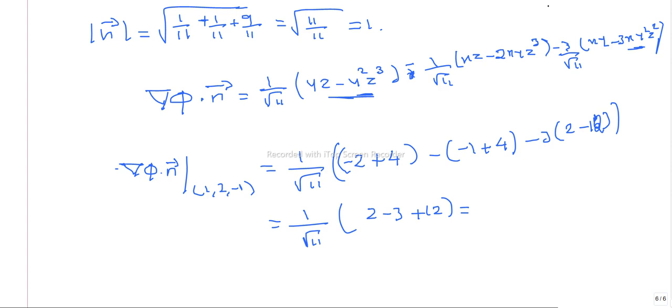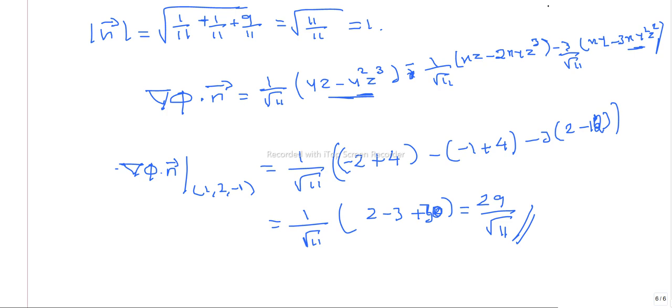So therefore this is actually minus 10, and then 30. So this is 29 by square root of 11. So this is the directional derivative of the function pi in the unit direction at the point 1, 2, minus 1.